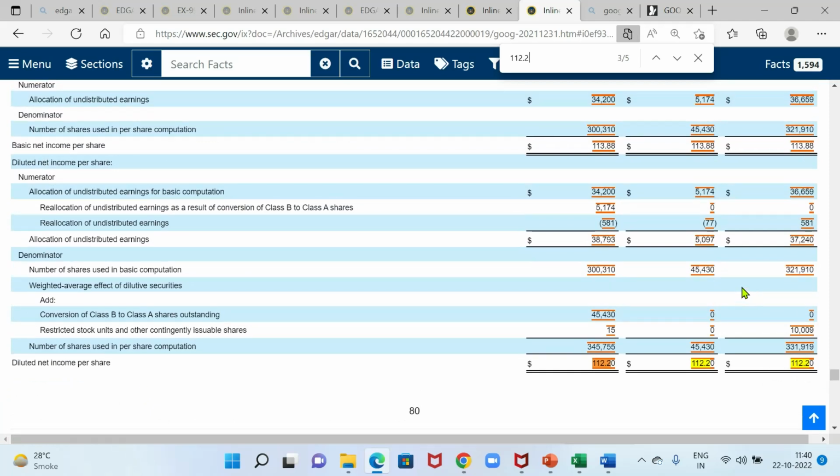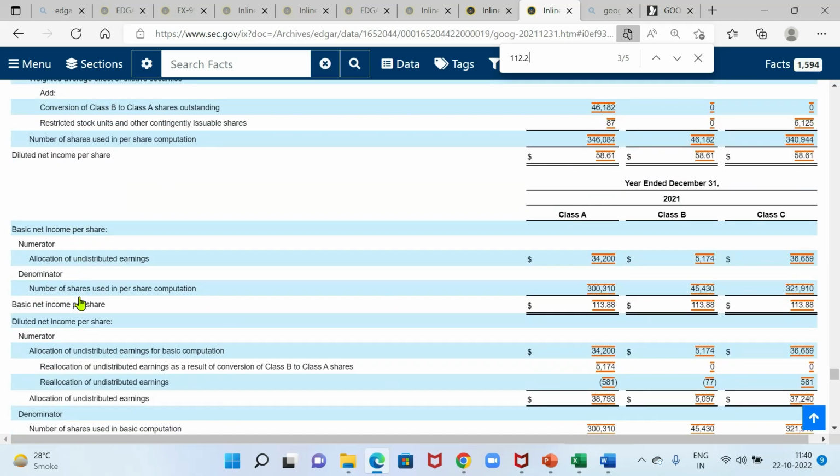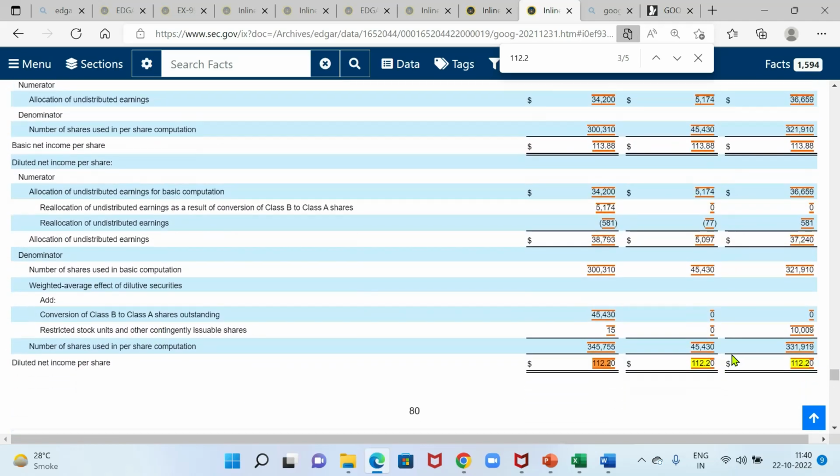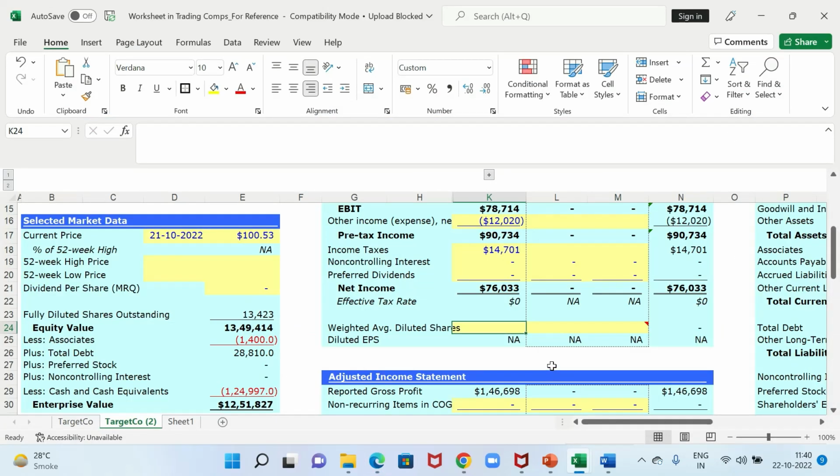They are saying number of shares used in. They are giving how they have computed the diluted as well as basic. So the number of diluted shares is 331919. 331919.